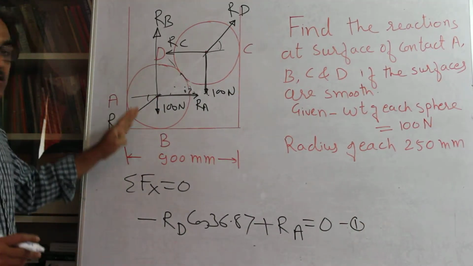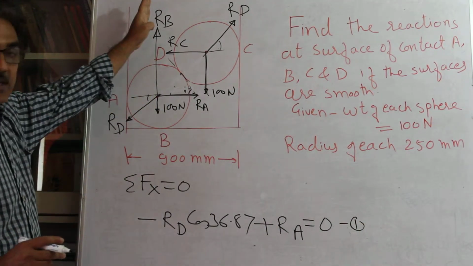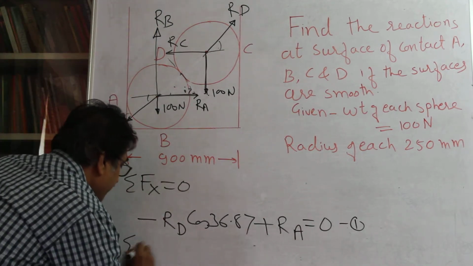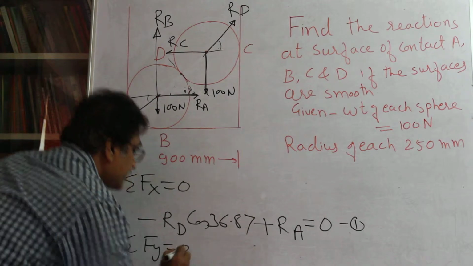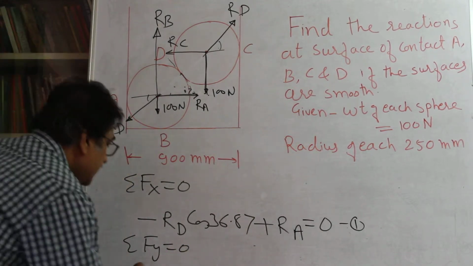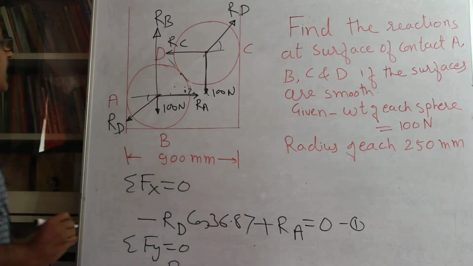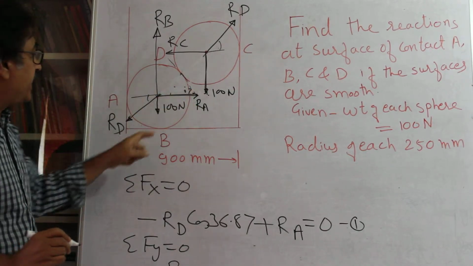Now vertical resolution. There is a force RB, which is upward. So sigma Fy is equal to 0 will give us RB. The horizontal force has no bearing.